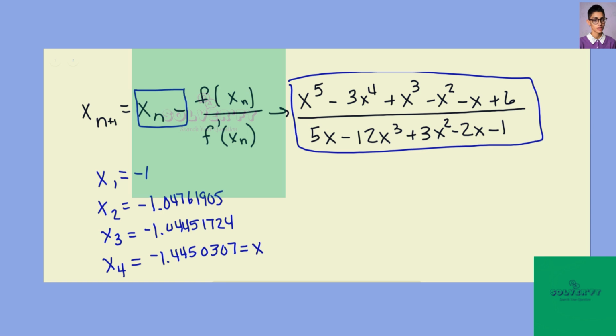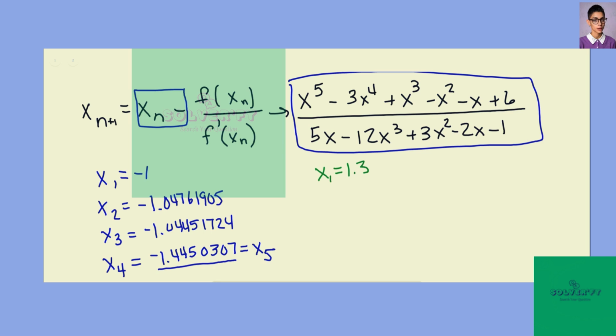So that becomes my x sub 5, and then that becomes my answer. And when I put my graph into the website, it gives me the points, and this would be one of the answers.